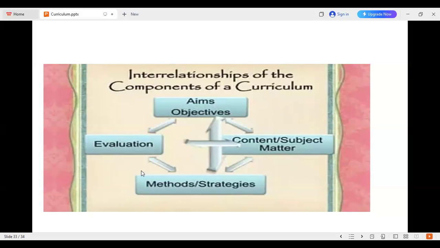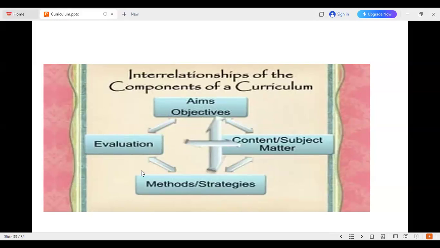Now they have recommended evaluation methods also, continuous assessment replacing the standardized examination. There are a lot of proposals. There is a lot of discussion on the standardized examination and its weaknesses.